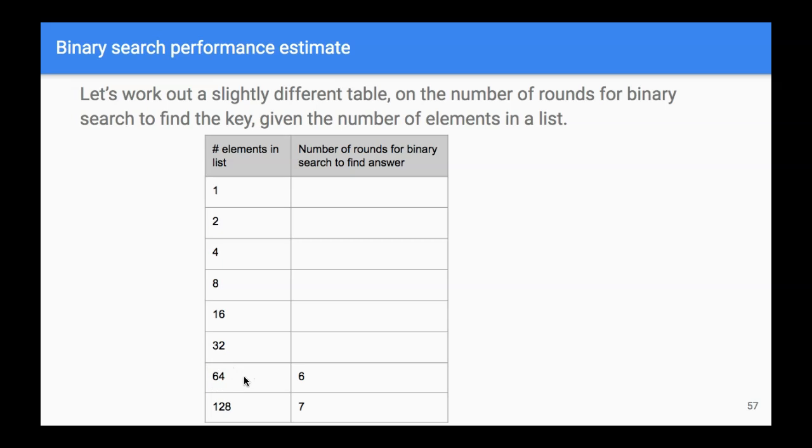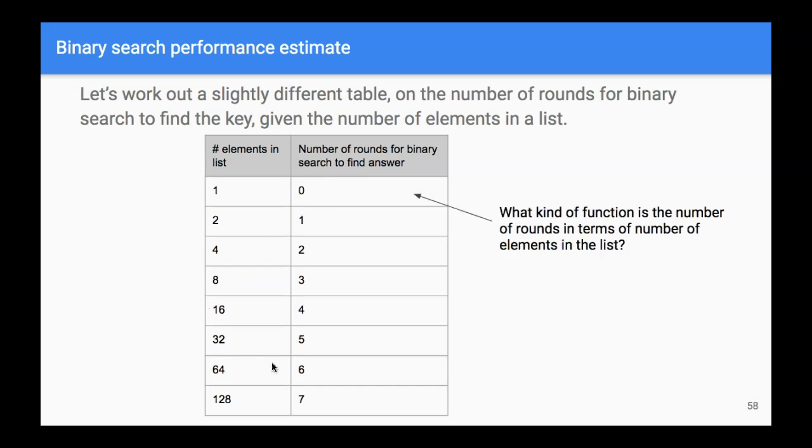For 64 elements, half of that, it takes 6 rounds. Hopefully it shouldn't take a whole lot of work to derive the rest of the numbers here. The rest of the numbers are 7, 6, and for 32, it's going to be 1 less than 64, right? 5, 4, 3, 2, 1, until the simplest case.